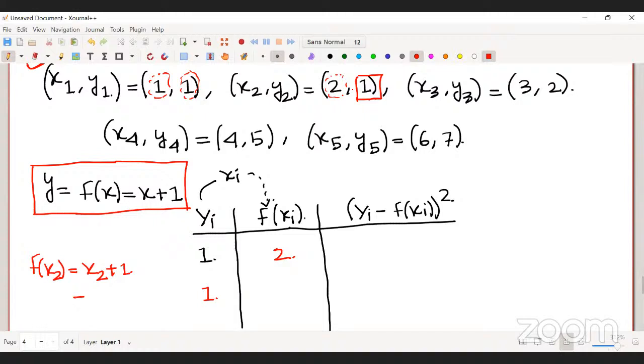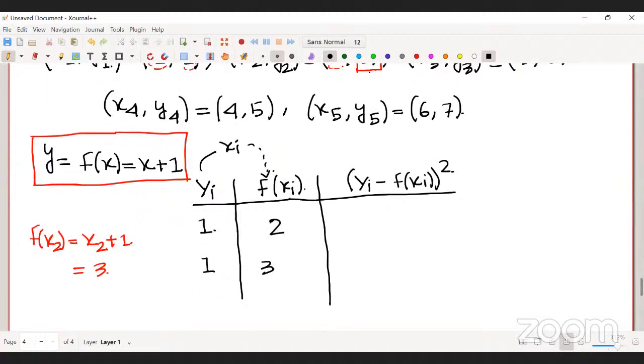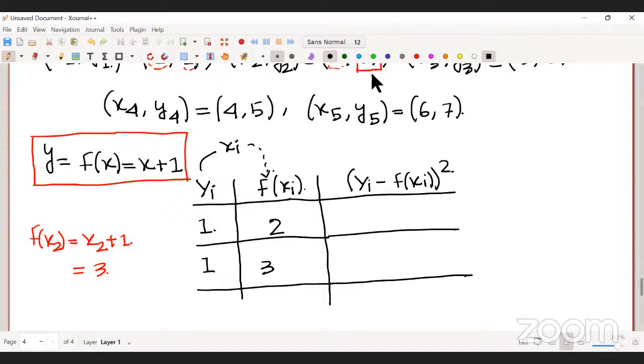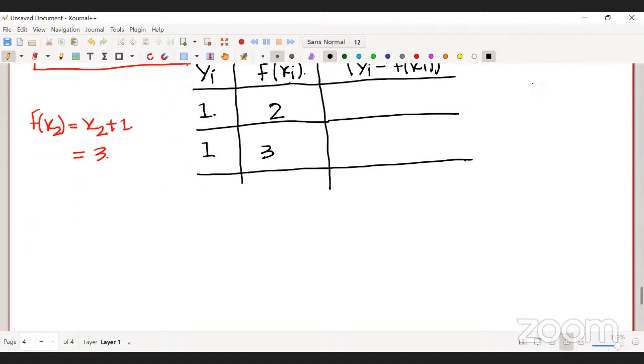This is 2 plus 1, which is 3. So this is x1 and y1, and this is x2 and y2, and I have to do it for all the values of xi and yi.